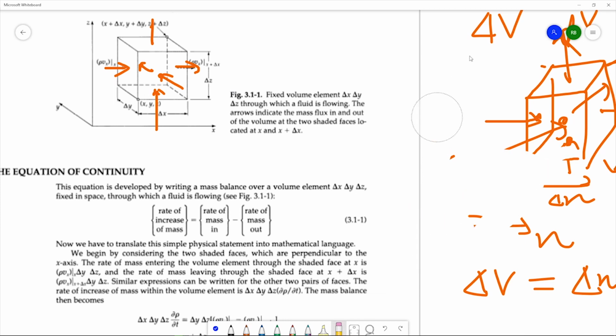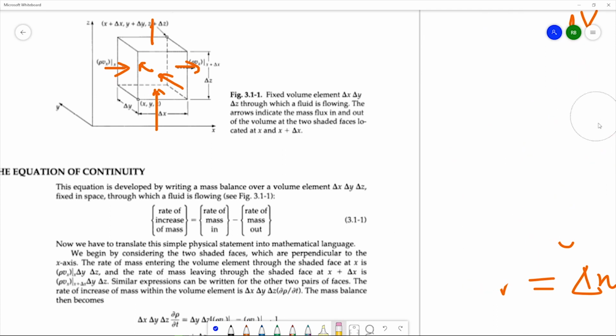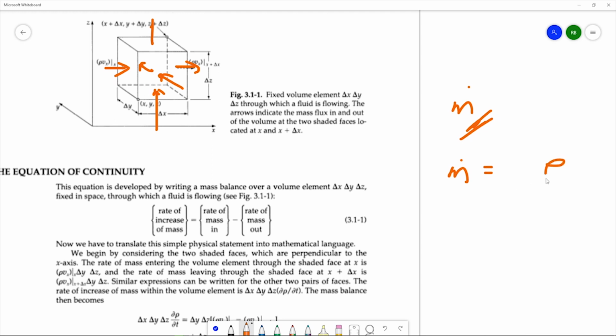Definitely you can write m dot. But since we're dealing with fluids, not solids, this will be meaningless. So why don't we express this in terms of the properties of the fluid, that is density. The most important property in fluid mechanics is density.